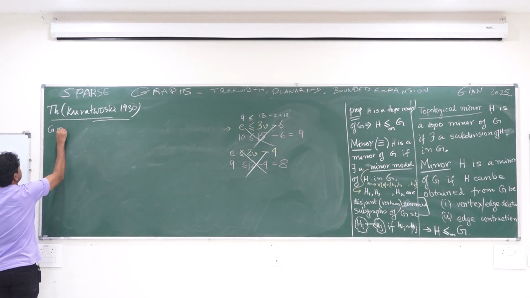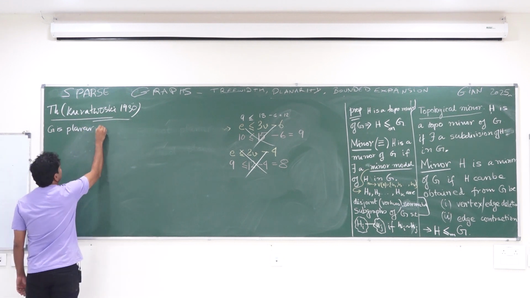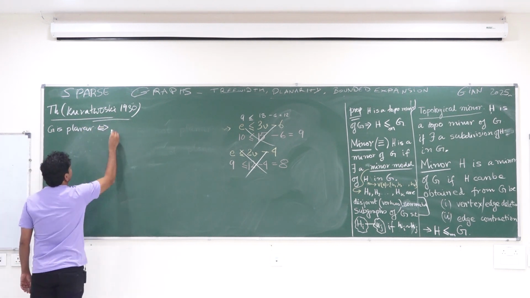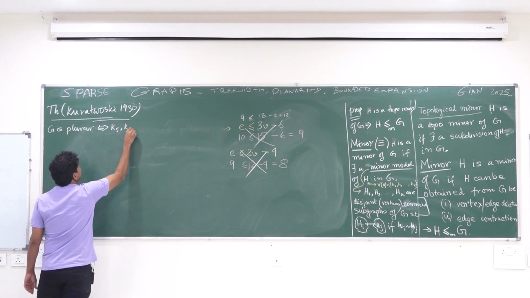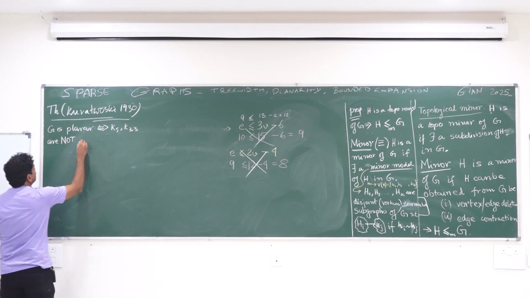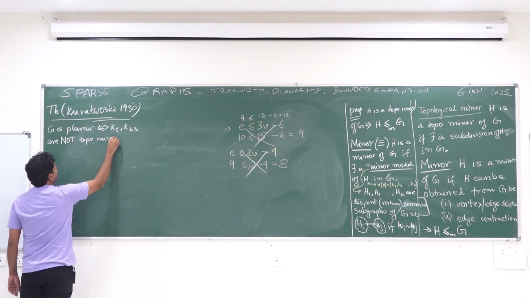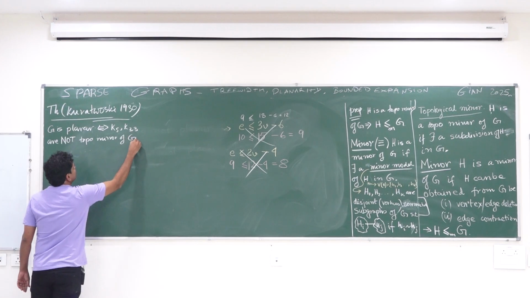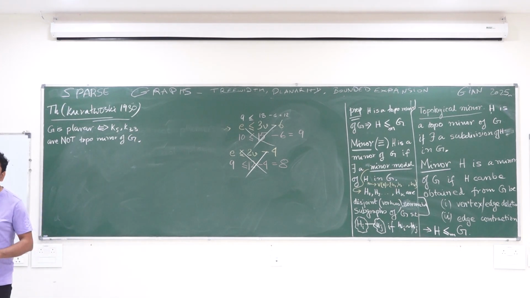G is planar if and only if K5 and K33 are not topological minors of G.